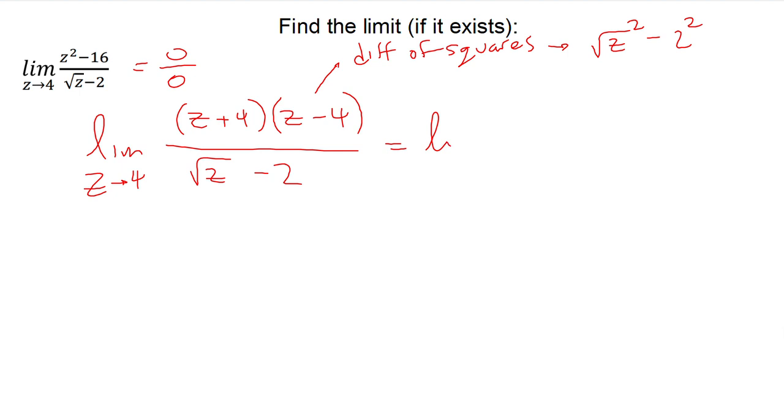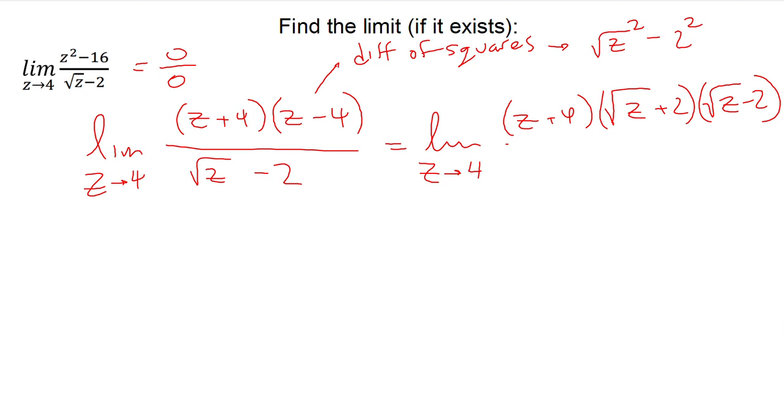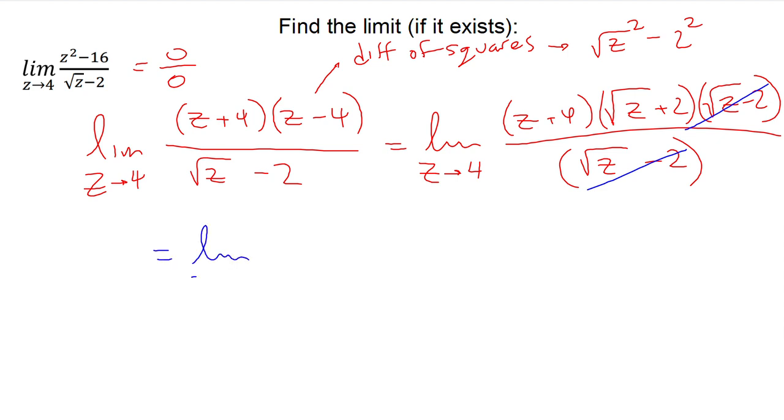And so I can continue to factor this as a limit as z approaches 4 of now z plus 4 and root z plus 2 times root z minus 2, all over root z minus 2. And of course, now I can cancel out the root z minus 2's, leaving me with just the limit as z approaches 4 of z plus 4 times root z plus 2.